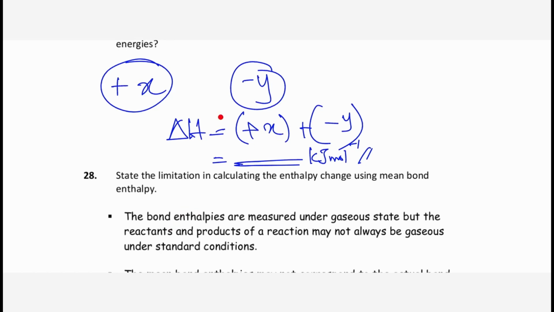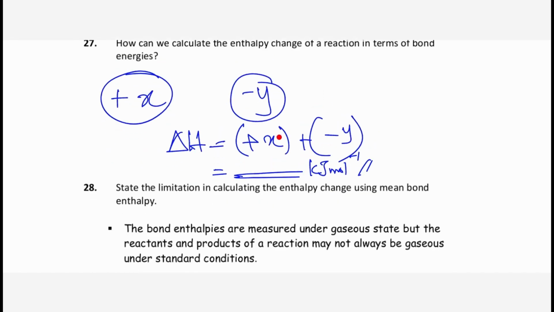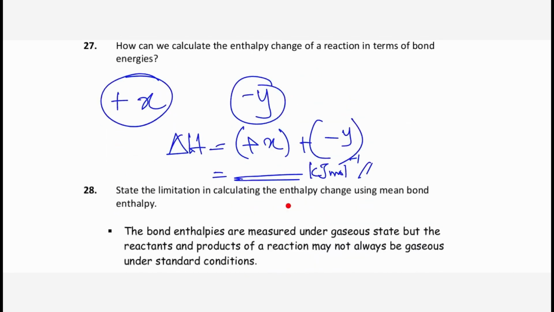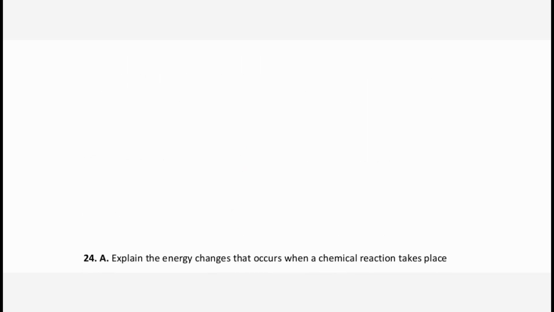They're almost close to the actual value, but they are average bond dissociation energies. So that's one of the limitations in this type of calculation. Also, the average bond enthalpies are measured in the gaseous state. I defined the bond energy, if you remember, as the energy required to break or make 1 mole of bonds in the gaseous state.